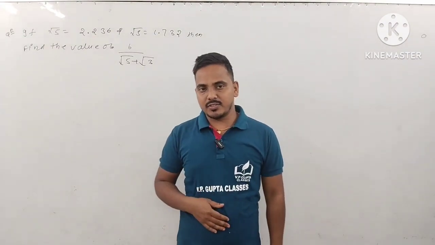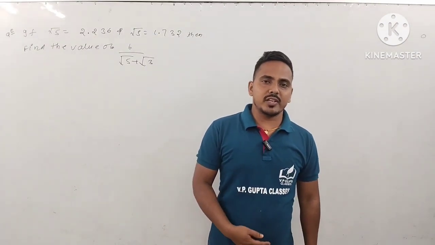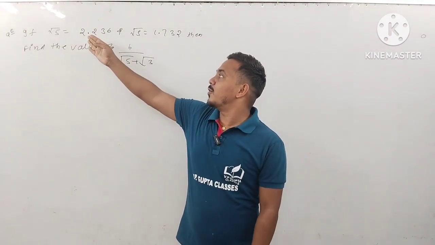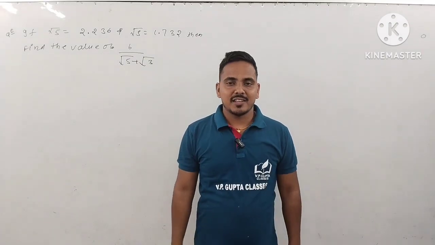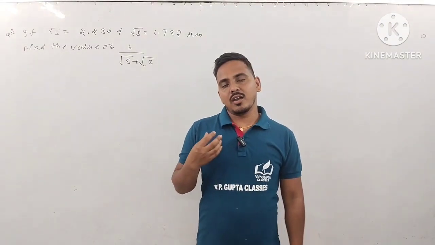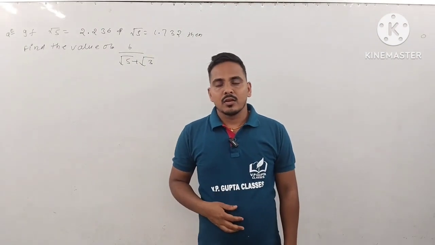This is a very easy question, but some students solve it with the help of this value, putting this value and getting the result. This is the wrong method here, because of a lack of time.